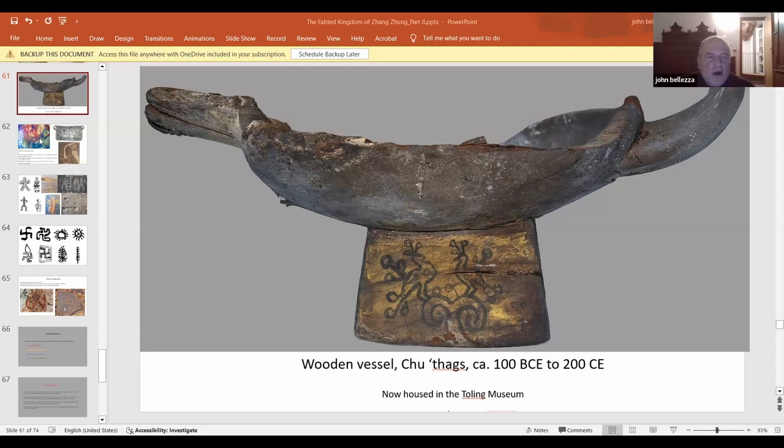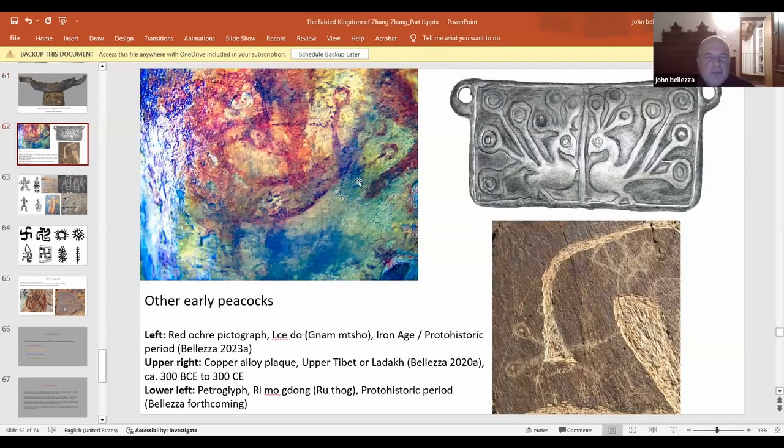But it's very hard to know in depth what the symbolism might have been, because we're so far removed from that period. And of course, when these objects and images were created, there was no written language.